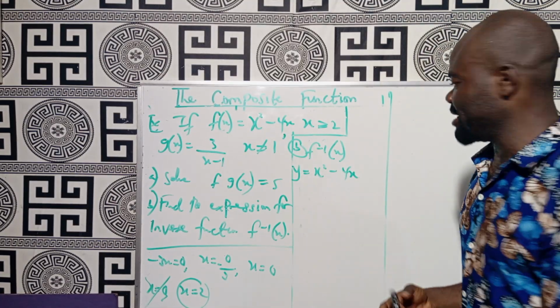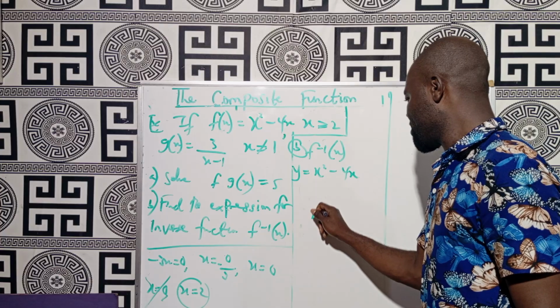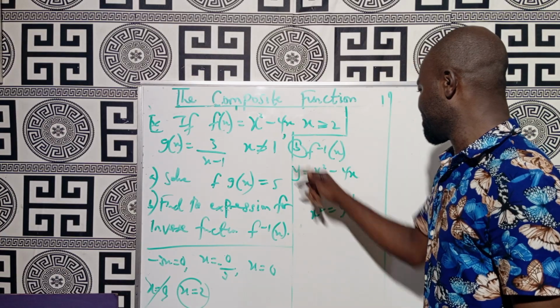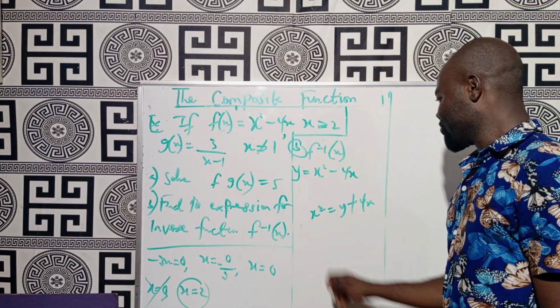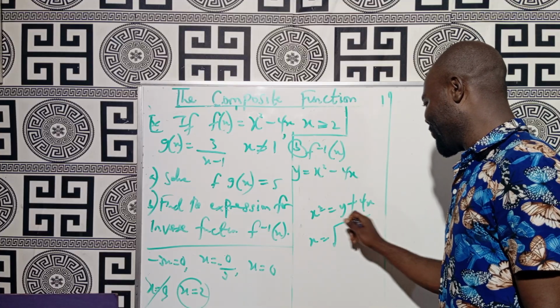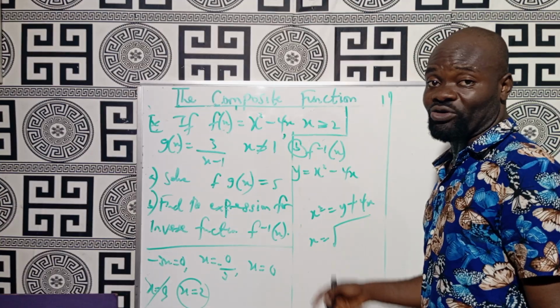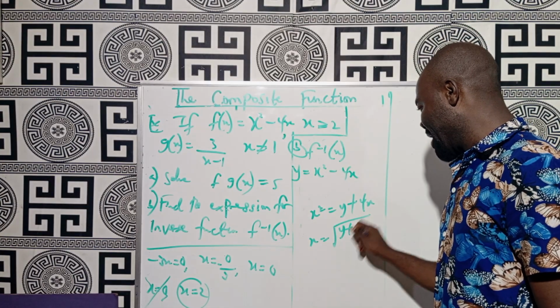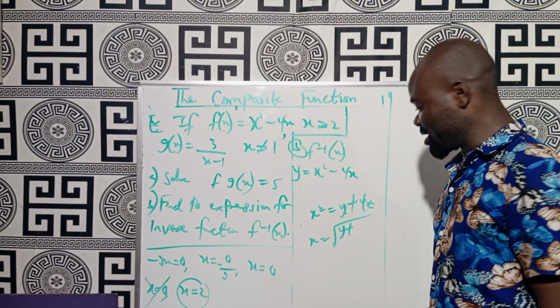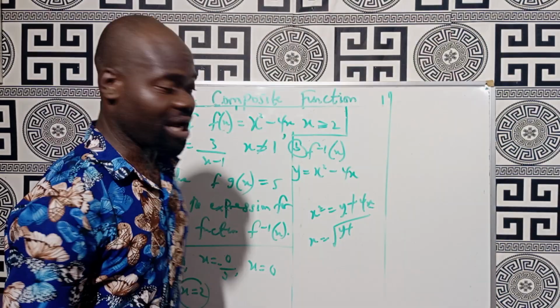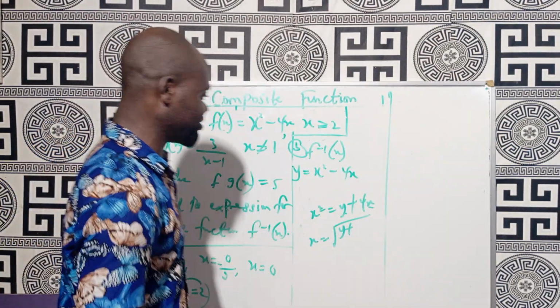Okay, let's try it. x squared equals y plus 4x. So x will now be what? Square root of, no. This is quadratic already. Because of the x squared, it is quadratic. So we can't be getting y and x together when we are making the subject of the formula. It's not done that way.